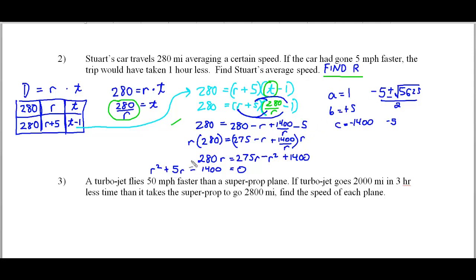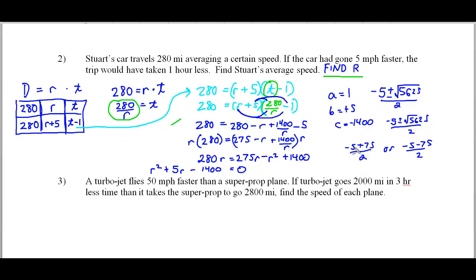Again, this is a plus 5, so this would be a negative 5. So it's negative 5 plus or minus the square root of 5,625, divided by 2, and that makes negative 5 plus 75 divided by 2, or you can have an answer of negative 5 minus 75 divided by 2.